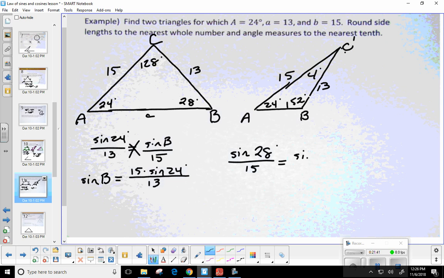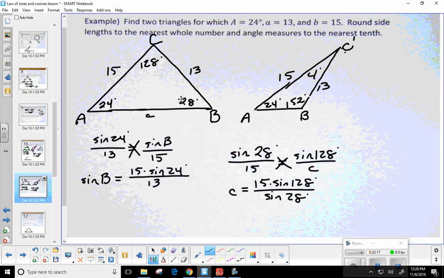C, what we're trying to find. Okay. Easy, right? That's perfect. Okay. Now, cross multiply. What should C equal? What's up top? 15 sine of 128.